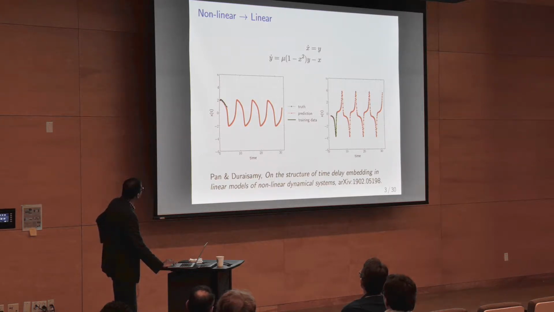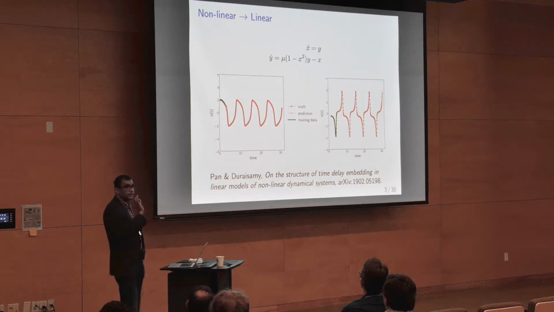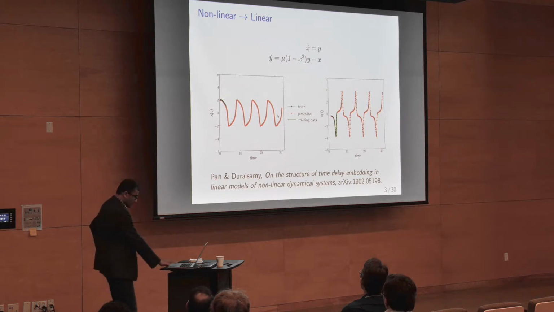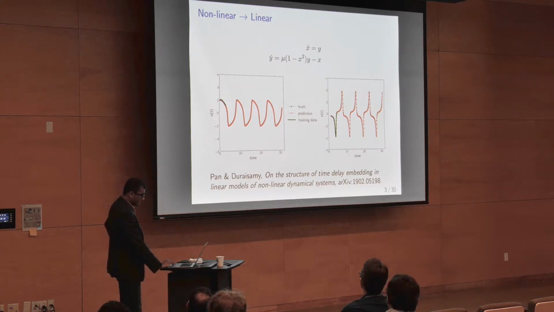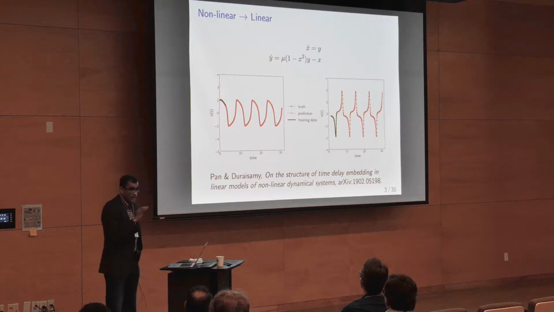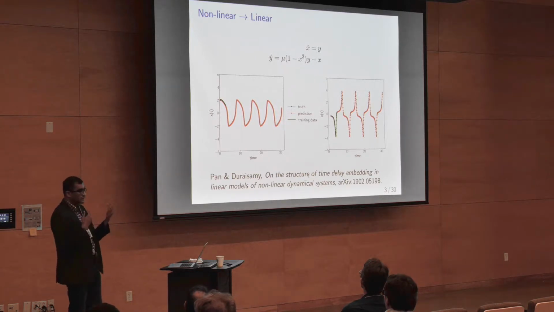I've used less than 1/5 of the cycle, and I trained my linear model to replicate precisely the dynamics of this nonlinear model, and it's able to do perfect prediction. If you're interested in details, this paper has some nice descriptions of why this is possible and how many time delays you need.